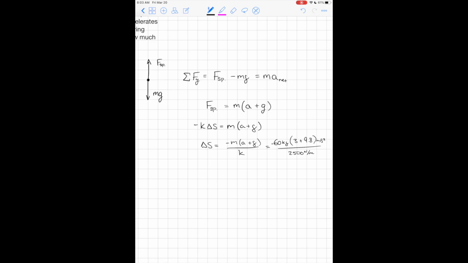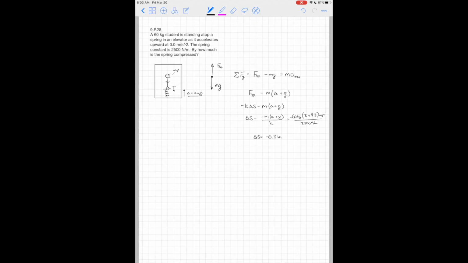This negative sign reminder is just telling me how I'm changing the length of this thing, how far either compressed or stretched my spring is. So if I calculate this through, I get delta s equals negative 0.31 meters. That is my compression, and again the negative sign tells me that I've compressed.